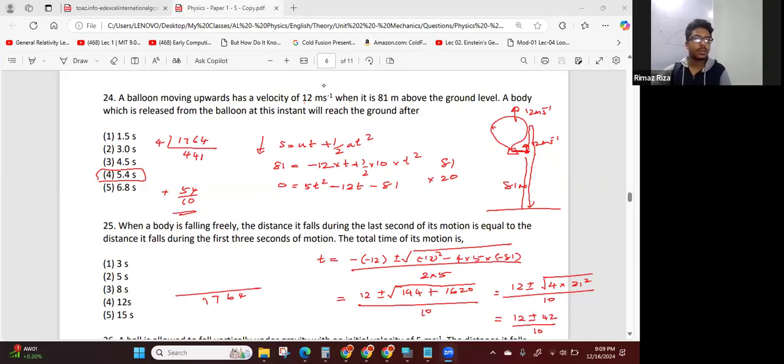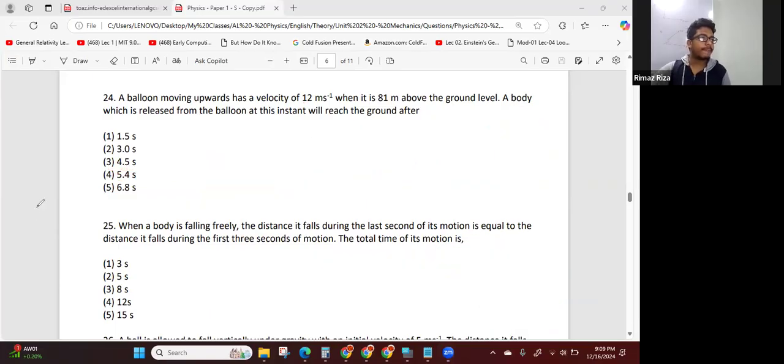Yes, sir. So here we can see it's a negative, minus 30 divided by minus 15, so that is not acceptable. We are talking only forward in time. The answer is 5.4 seconds. Okay, let's check that. Wait.